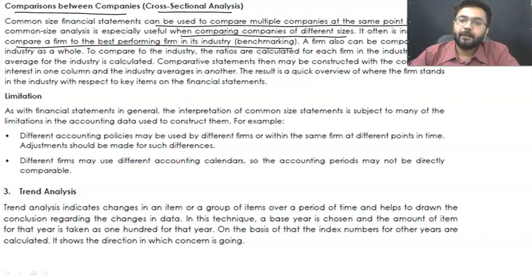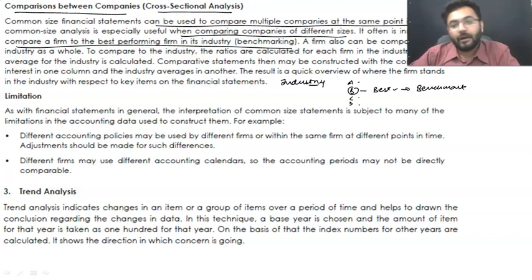So if in a particular industry, I tell you that A, B, C and D, there are 4 companies and B company is performing best. So we are going to have this company as our benchmark, so that we can find out where we are standing right now. A, C and D companies will find out where they are standing, where the maximum expenditure lies, right?